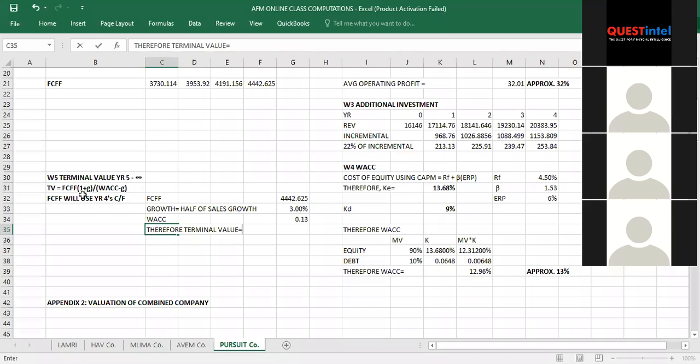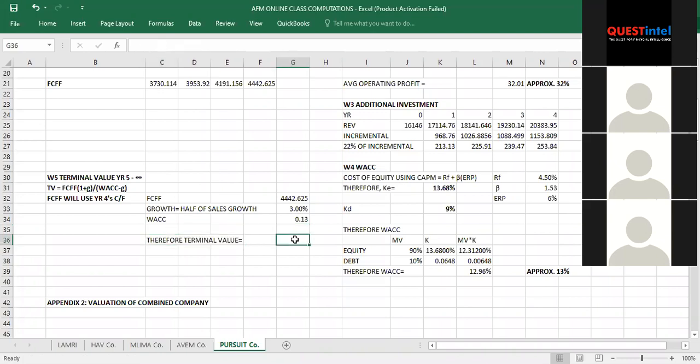Okay, so therefore the terminal value will be equal to, so we're using that formula. I'd have preferred to put this thing there, and I saw it before. Let me give space for it so that if we need to write anything.